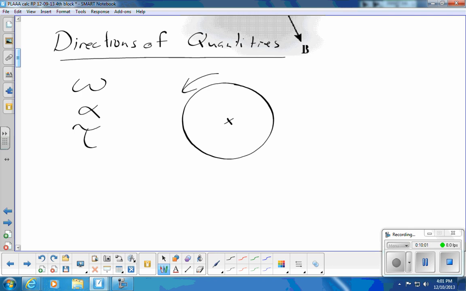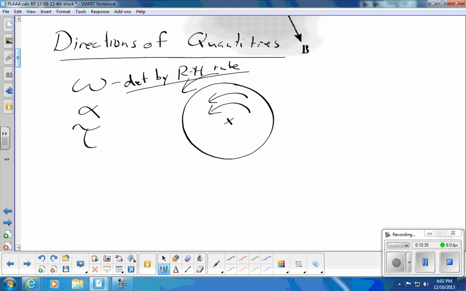this disk has an angular velocity direction which is determined by another right-hand rule. And the basic rule, and again, this will be easier to show you in person, is that you curl the fingers of your right hand in the direction that this disk is rotating, similar to how we just did the last right-hand rule.